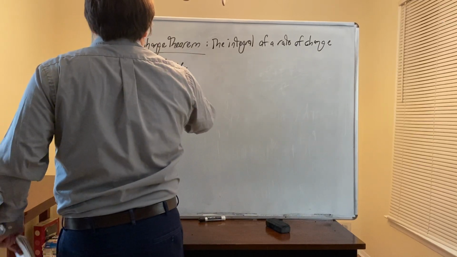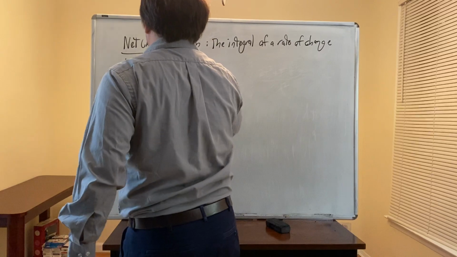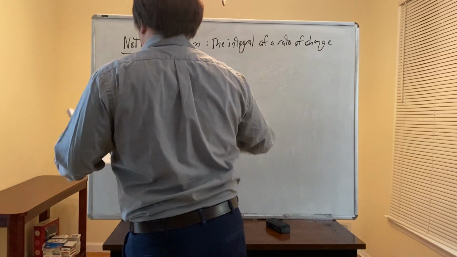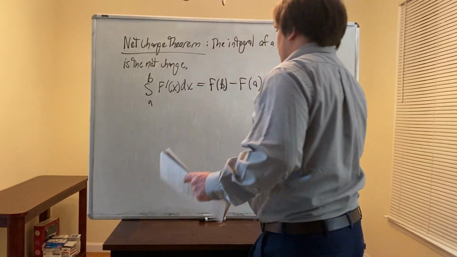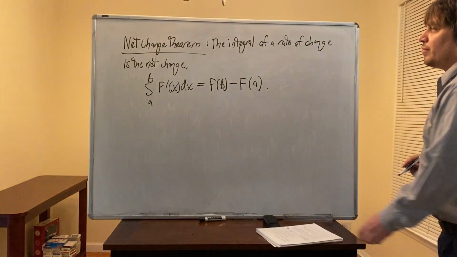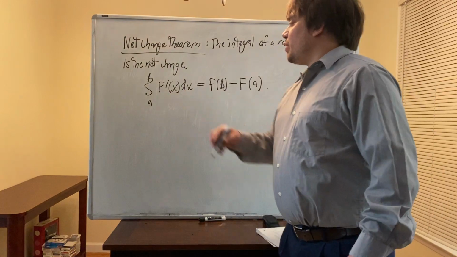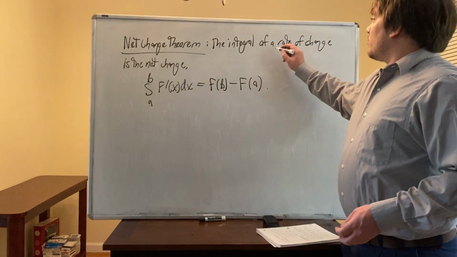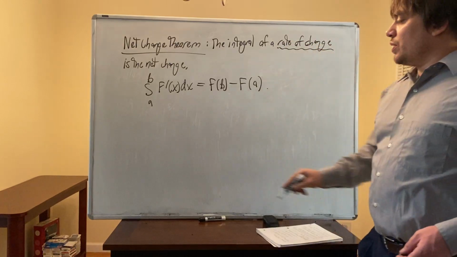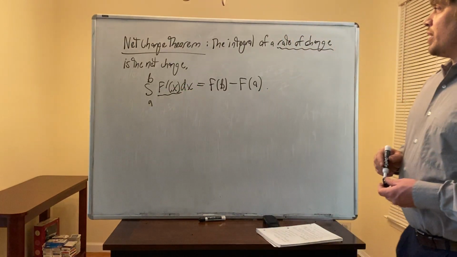That means the definite integral from a to b of capital F prime of x dx is equal to capital F of b minus capital F of a. So this is the integral of a rate of change. The rate of change is F prime of x, okay?